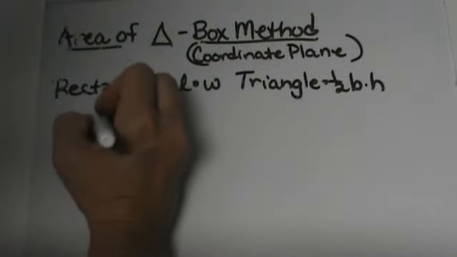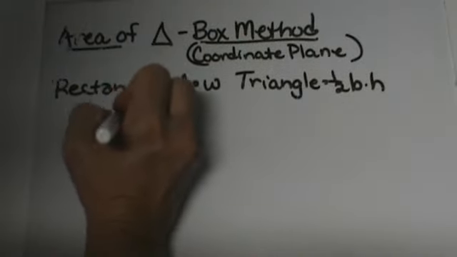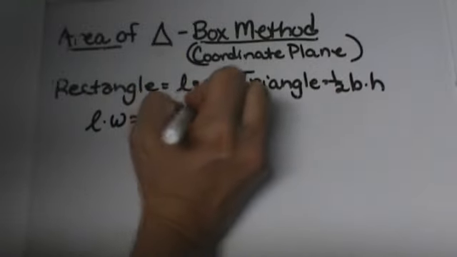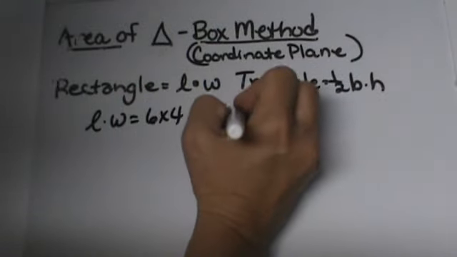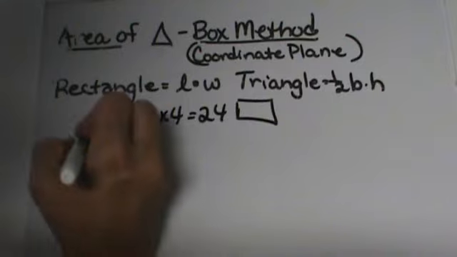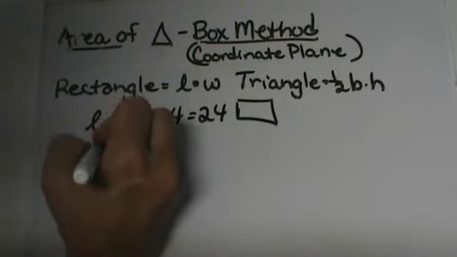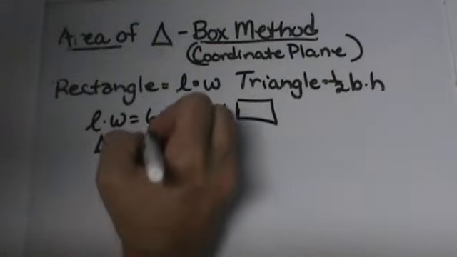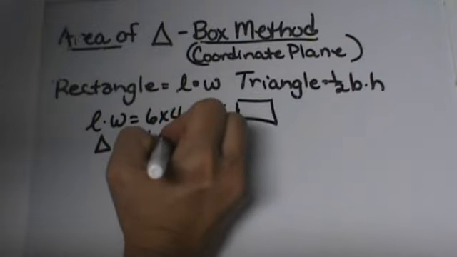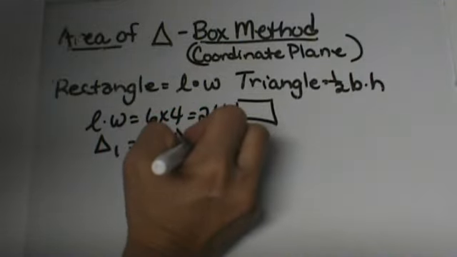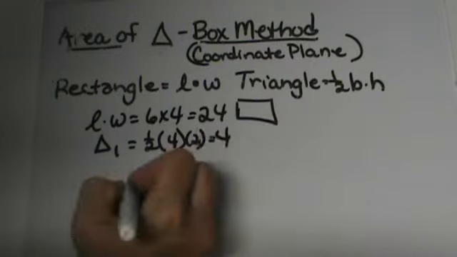So let's just jot that down. I have the area, length times width, 6 times 4 is 24, and that is the area of the rectangle. And then I've got each of the 3 triangles. Triangle number 1 is 1/2 of 4 times 2, so the area of that one is 4.